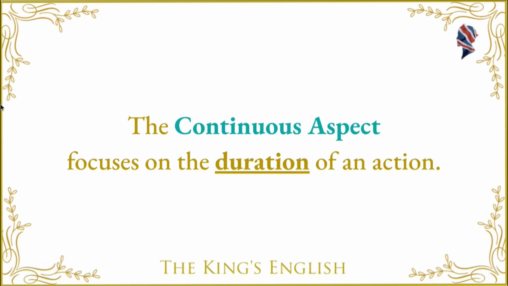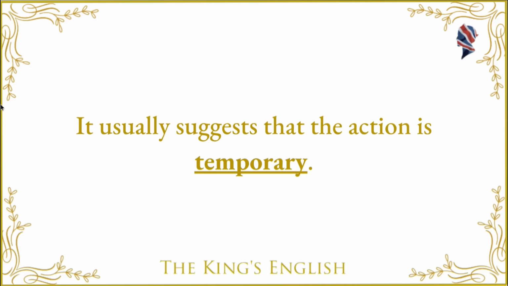The thing to know about the continuous form is we use the verb be, a normal verb, and then ing at the end. Continuous aspect focuses on the duration of an action. It usually suggests that the action is temporary.